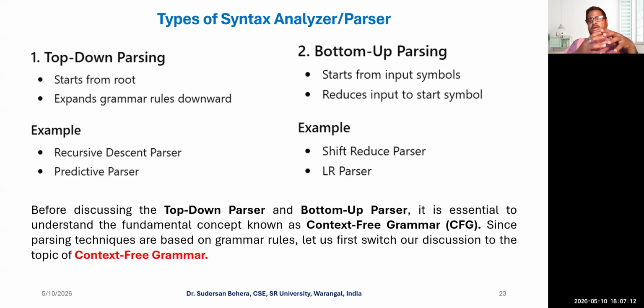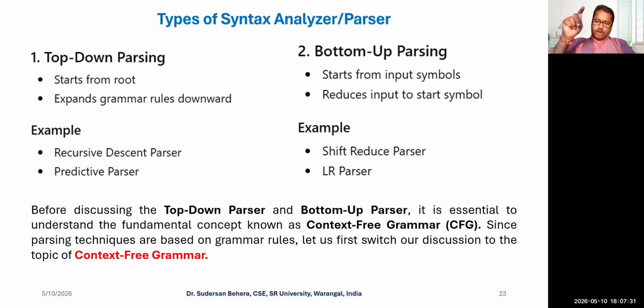Let us understand what context-free grammar is, what the components of context-free grammar are, what the derivation process associated with it is, what the types of derivation are, and what the different types of context-free grammar are.